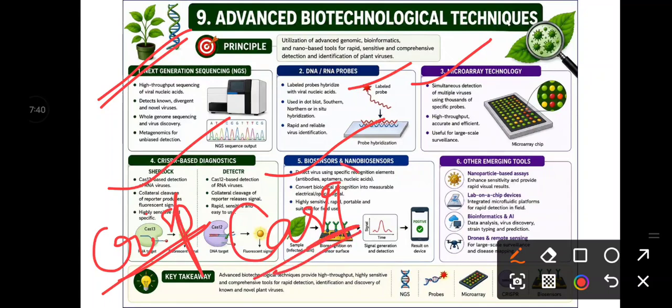So this Cas is the restriction endonuclease which will cut the particular sequence. So these are actually gene site-specific. We can do the cleavage and silencing of genes. So these are various methods used for virus detection and diagnosis.